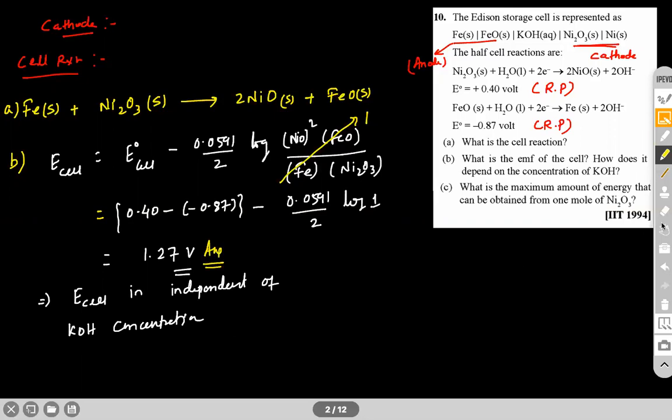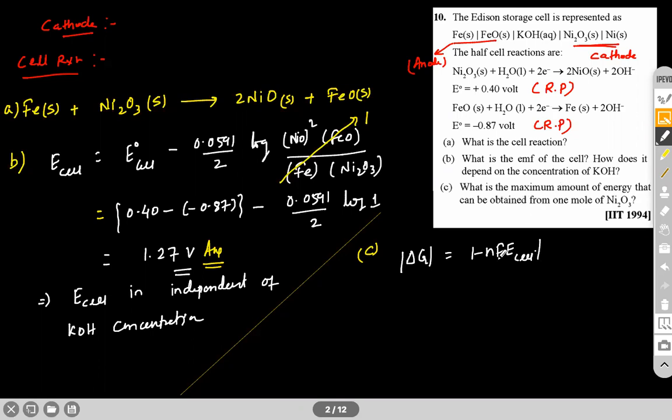Now the last one is C. What is the maximum amount of energy that can be obtained from 1 mole of Ni2O3? Okay, so 1 mole of Ni2O3, the energy is what? The energy is nothing but the delta G. But we have to talk about the magnitude here. nFE cell, right?